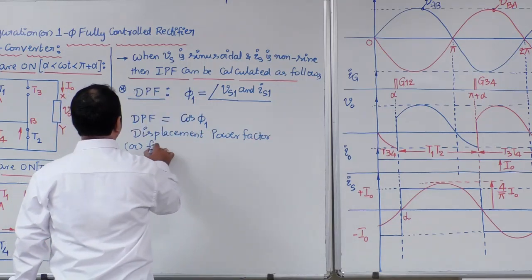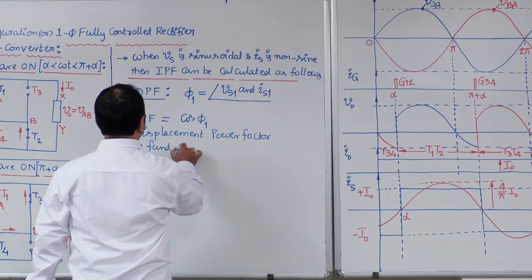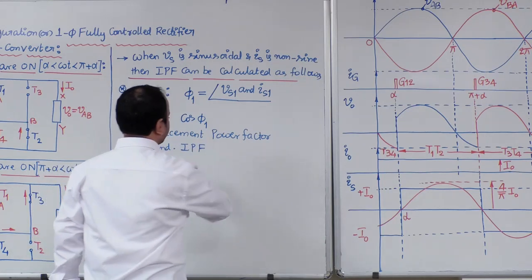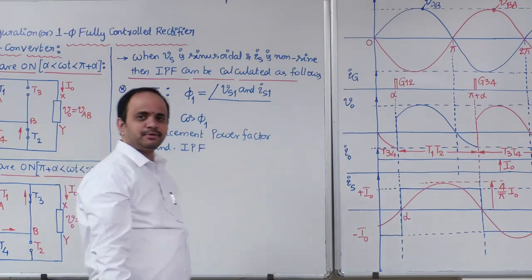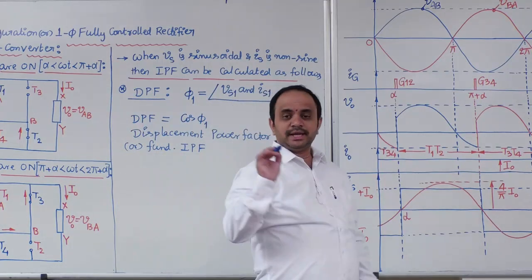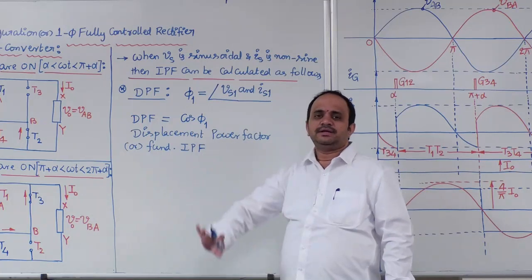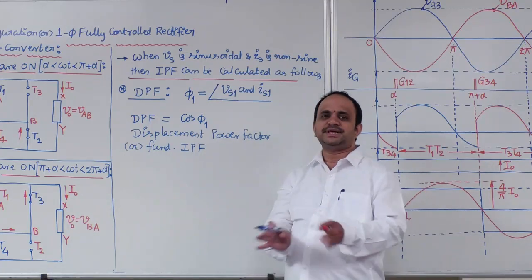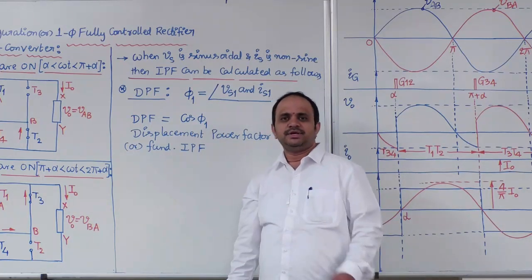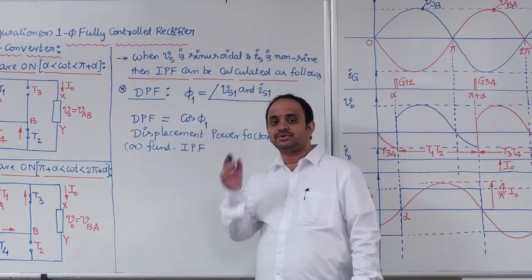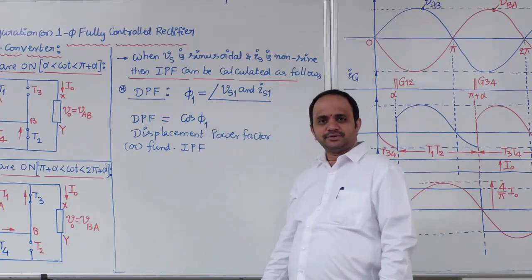Also called fundamental input power factor. So, in case of a rectifier circuit, you should not calculate input power factor simply as the cosine of the phase angle between source voltage and source current, because source current is not purely sinusoidal.